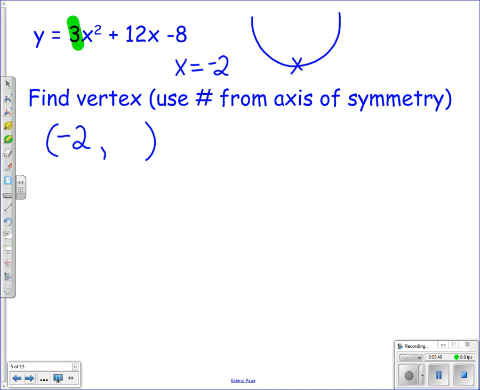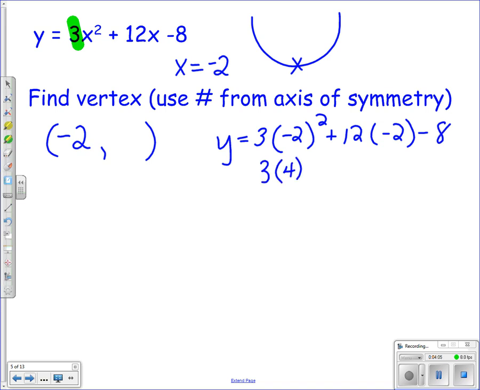And now we're going to use that number to find the y coordinate of our vertex. So y equals 3 times the negative 2 squared plus 12 times the negative 2 minus 8. Use your order of operations. So we have 3 times 4 minus 24 minus 8. That gives us 12 minus 24 minus 8, which is a negative 12 minus 8.